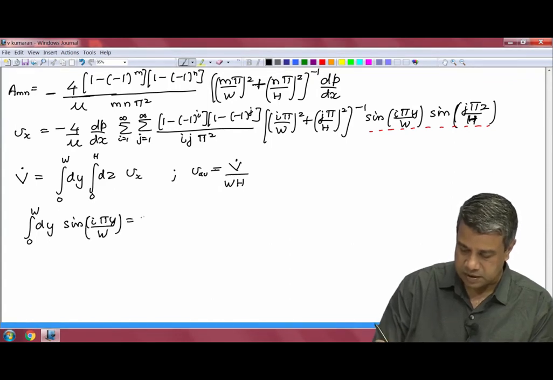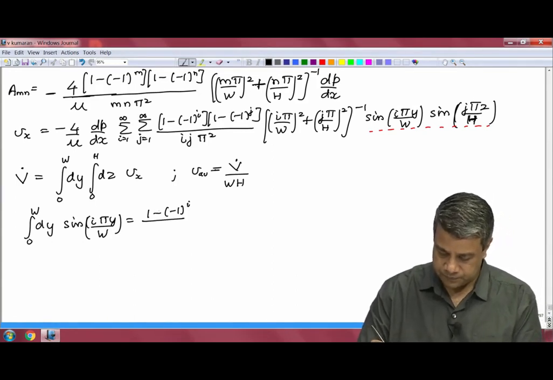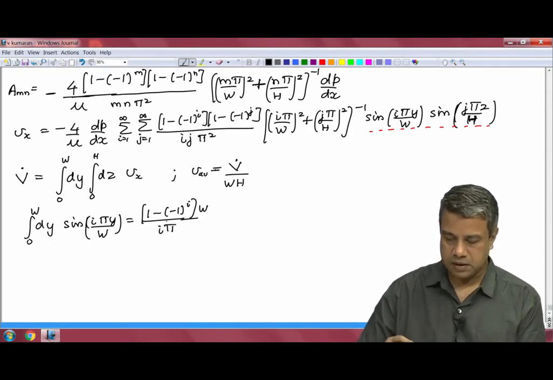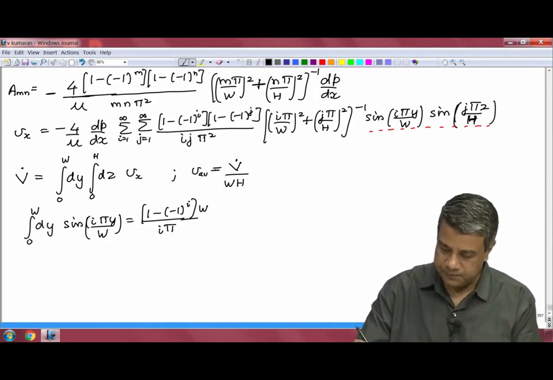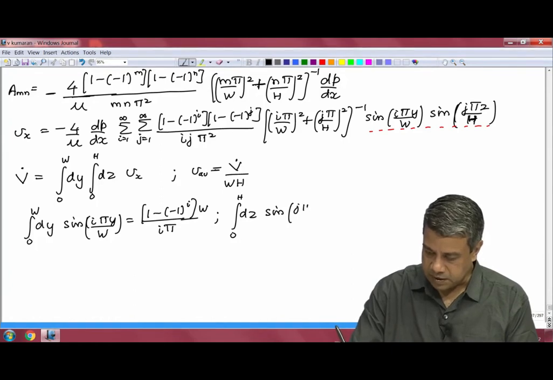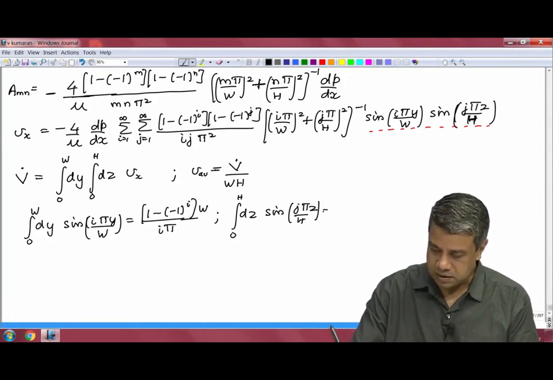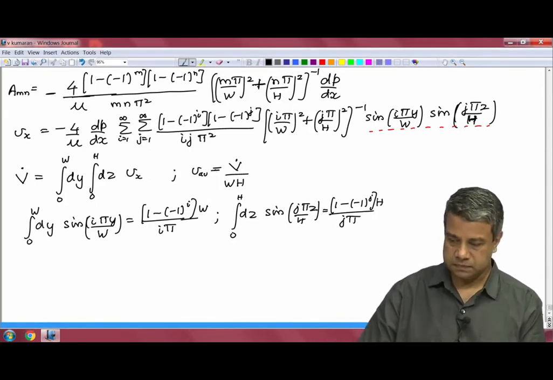We had just evaluated that as 1 minus minus 1 power i times w by i pi. That is what we had evaluated the integral as. And similarly, integral 0 to h dz sine of j pi z by h is equal to 1 minus minus 1 power j into h by j pi.